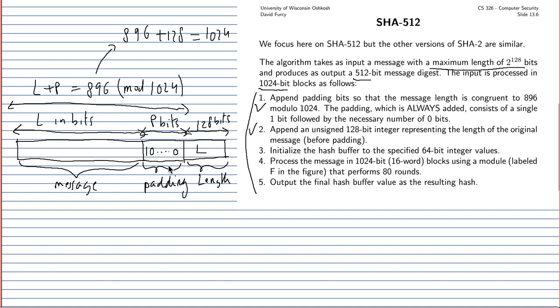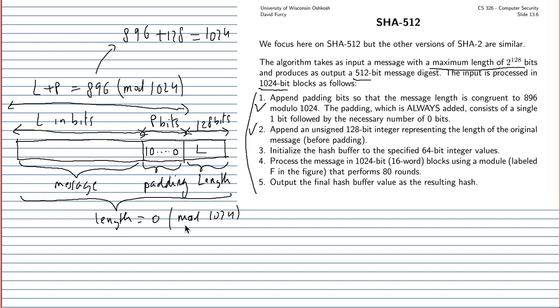That was step number 2. Notice that at the end of this stage, we have a message whose length is equal to 0 modulo 1024, so we're ready to proceed with the hashing process.